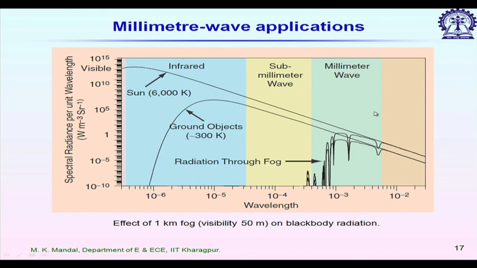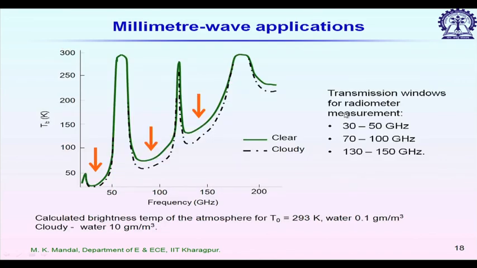So, all weather imaging is possible at millimeter wave frequencies, but when we go for imaging, we have to keep in mind that we can use only some windows, because we have some attenuation bands. This is a typical plot of temperature of atmosphere versus frequency. Since at 60 gigahertz the oxygen molecule absorbs power due to resonances, at 60 gigahertz atmospheric temperature will be very high.